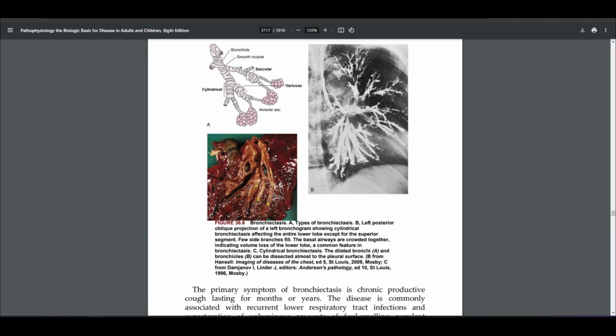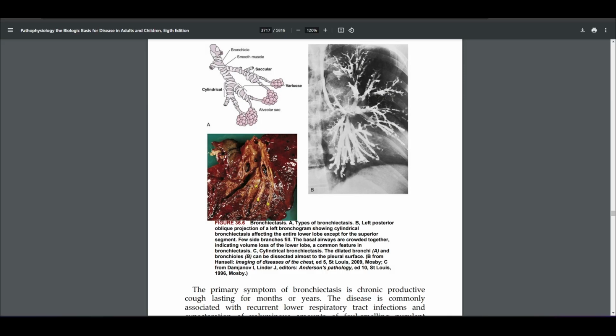So here we're taking a look at a type of bronchiectasis. The left posterior oblique projection of the left bronchogram showing a cylindrical bronchiectasis affecting the entire lower lobe except for the superior segment.